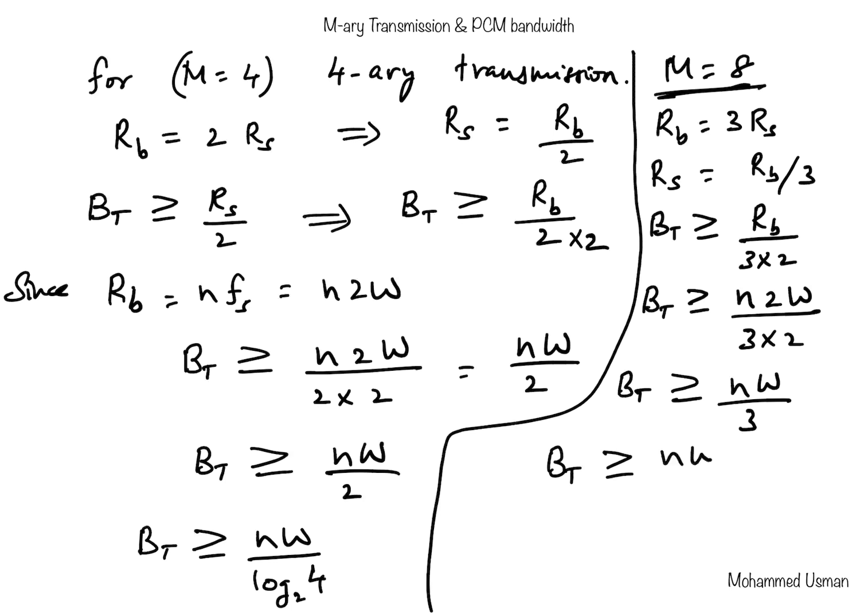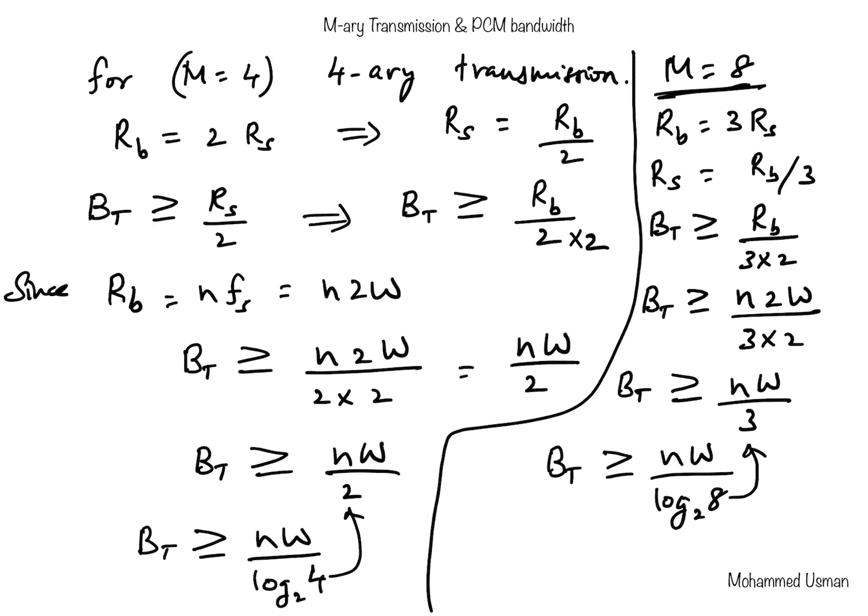So BT is N times W by logarithm to the base 2 of 8, because M is equal to 8, and logarithm to the base 2 of 8 is equal to 3. Logarithm to the base 2 of 4 is equal to this 2.